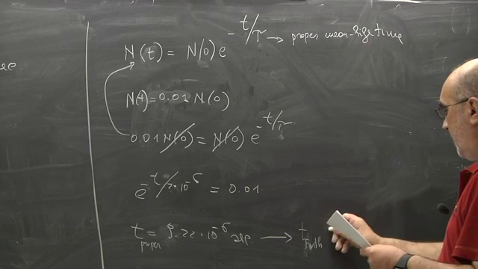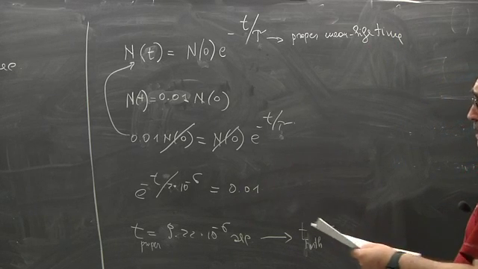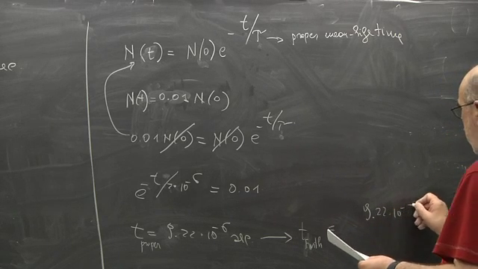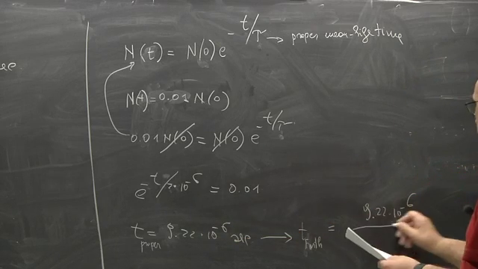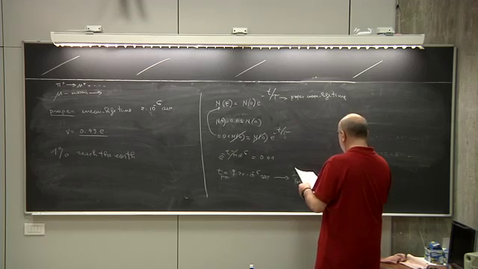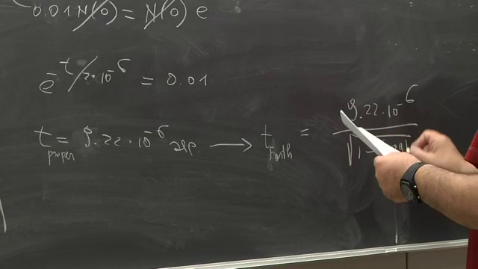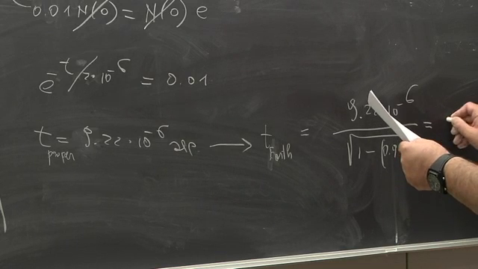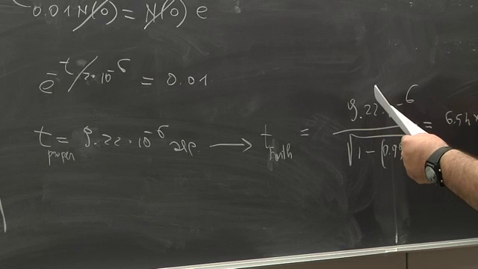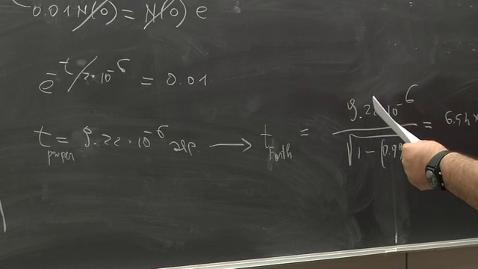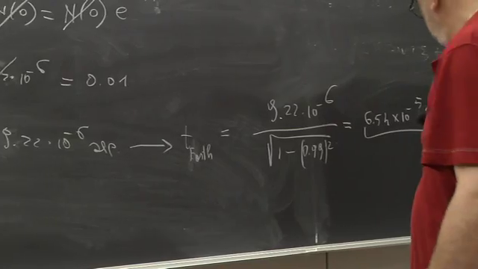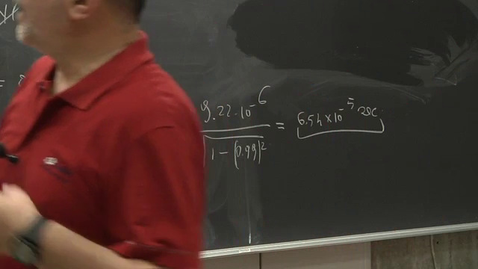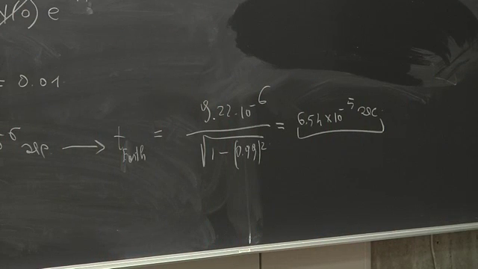Of course, it will be time dilation. You take the proper time, 9.22 times 10 to the minus 6, and divide by the contraction factor, the square root of 1 minus 0.99 squared. The result is 6.54 times 10 to the minus 5 seconds. So this is the time it takes to get to the Earth if on the Earth we get only 1%.